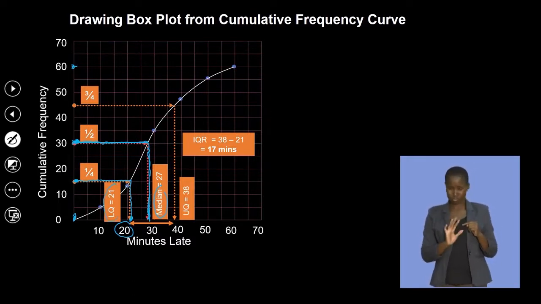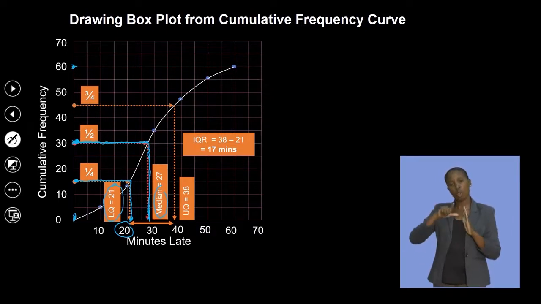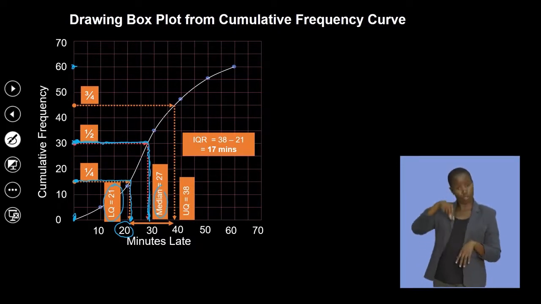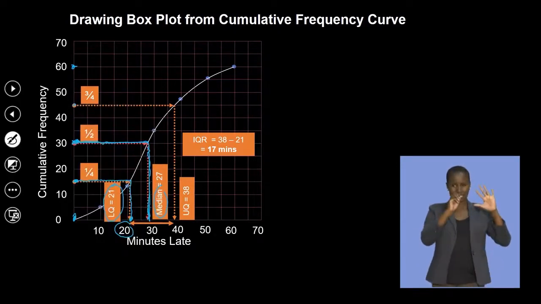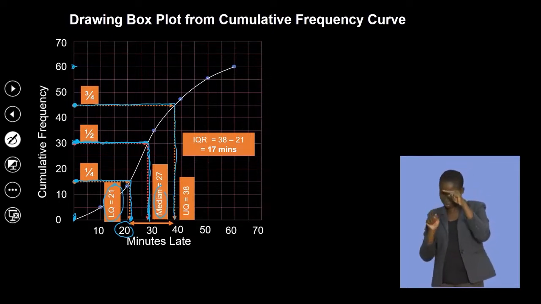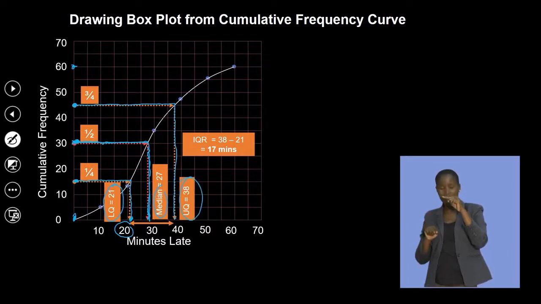Therefore, lower quartile, Q1, is 21. Then 3/4 of 60, maybe somewhere there. You go across, touch the curve, go down, and read that. So the upper quartile is approximately 38. Even if you write approximately 38, that's fine.